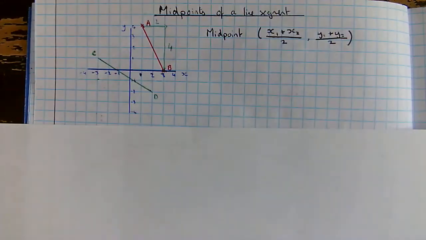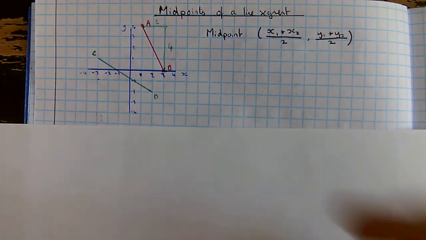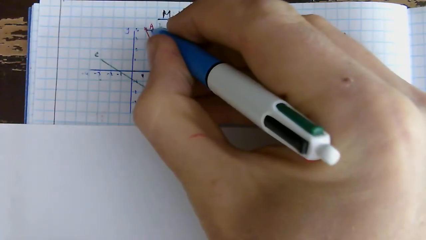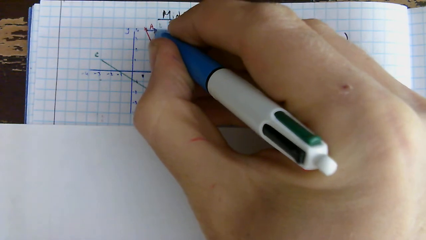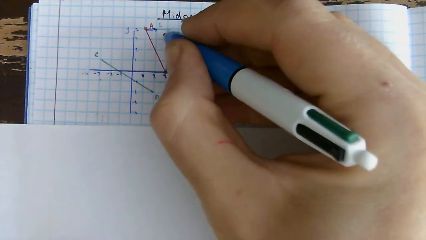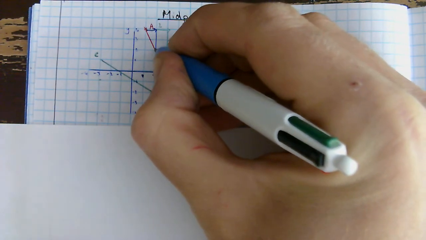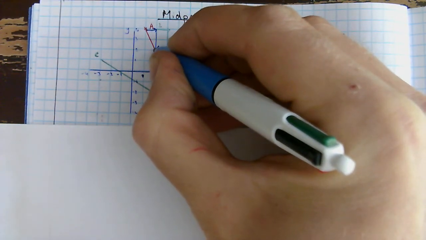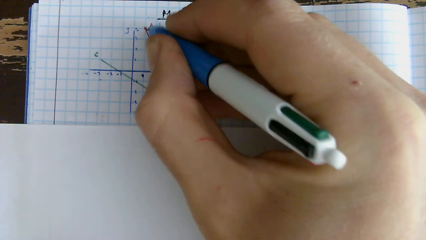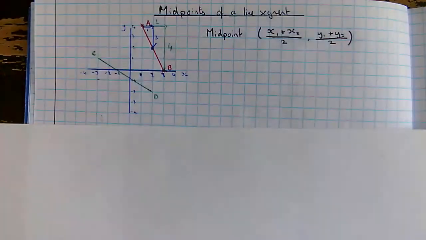So I've gone 2 right and 4 down. If I'm only going to the midpoint, I only want to go half that distance. So for my midpoint, I'm just going to go 1 to the right, and then I'm going to go 2 down. And that's where I'm going to end up. 1 right and 2 down would get me to the midpoint.